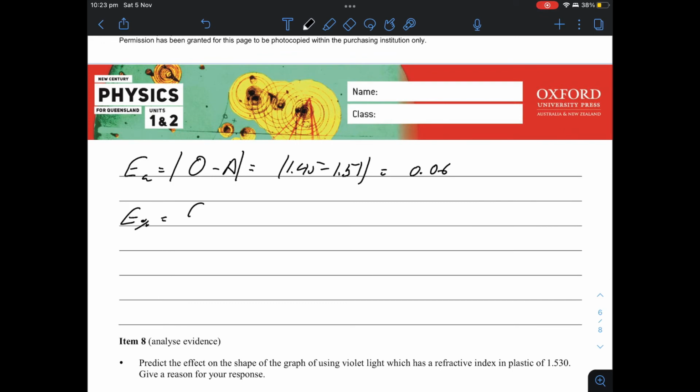Right, as a percentage, it's about 4%. So I can say this is reasonably small. Our results are relatively accurate.